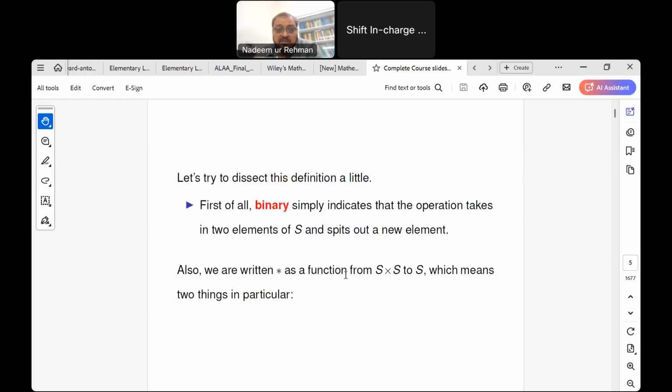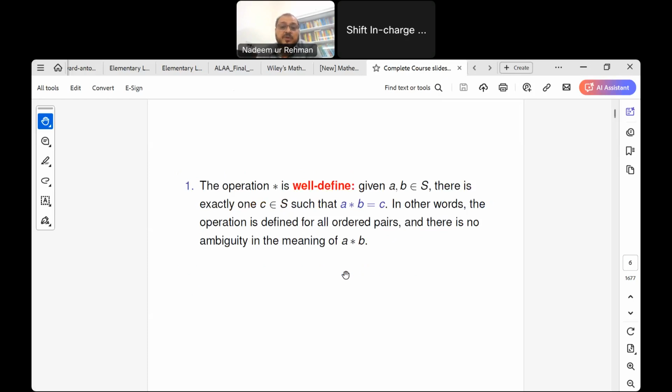First of all, binary simply indicates that the operation takes in two elements of S and spits out a new element. Also, we write the operation star as a function from S cross S to S, which means two things in particular. The operation should be well-defined: given a, b in S, there is exactly one c in S such that a star b is equal to c.